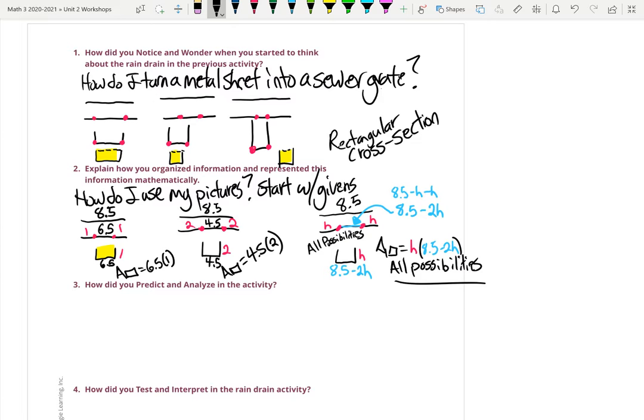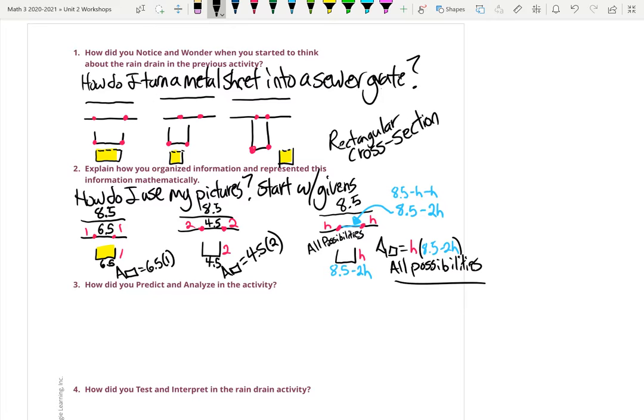So it's like we're just kind of going in the dark and playing around and really understanding that, hey, from this, I have an area formula: base times height. I am just multiplying my base. I am just multiplying my height. So now I have to figure out how do I use this to my advantage.